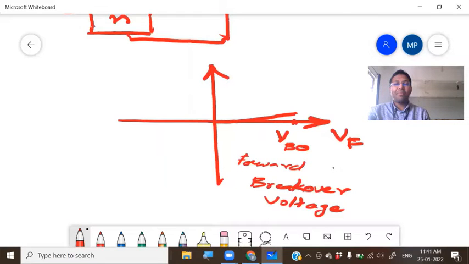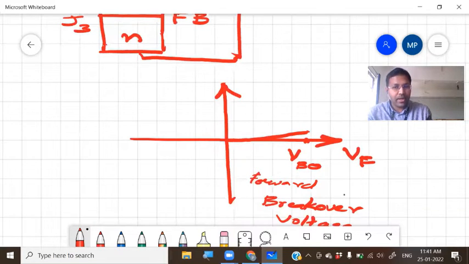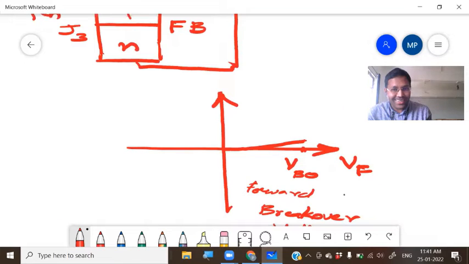Now what happens after this point? The current through the device will start to increase. From this point, it will immediately jump here. The characteristics of the device are such that it jumps from this point to this point, and thereafter it simply follows a straight line like this.